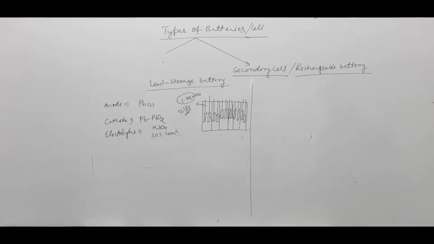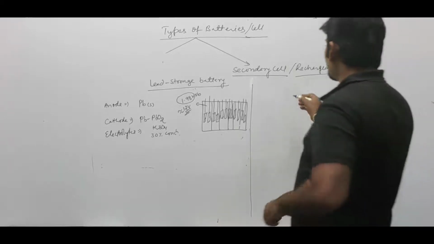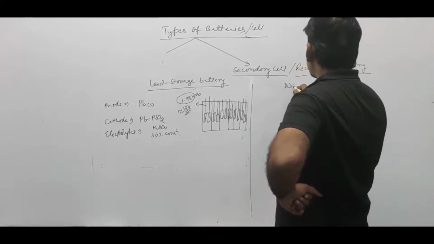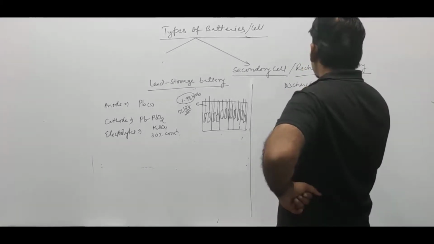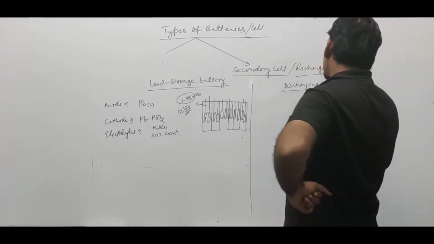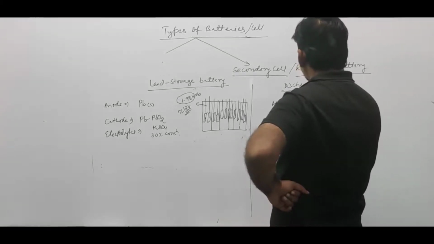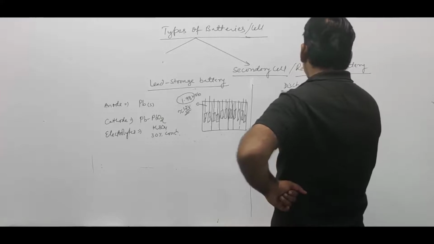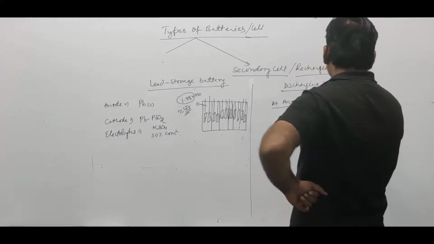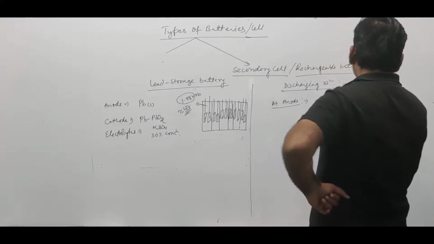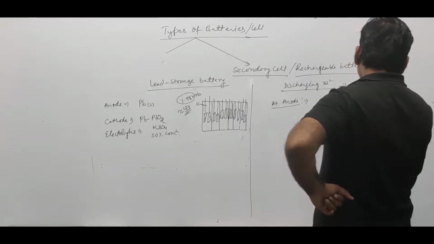So in the discharging reaction, what will happen over there? At the anode, Pb solid is converted to Pb2 plus plus 2 electrons.